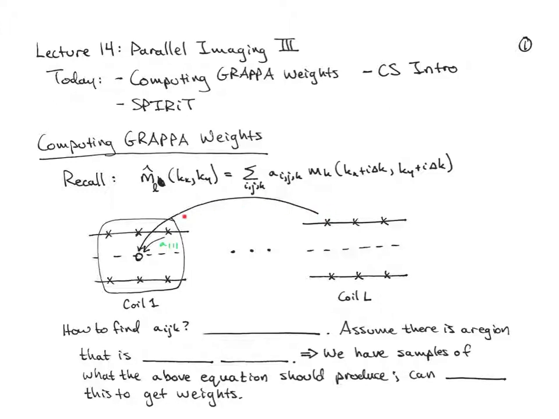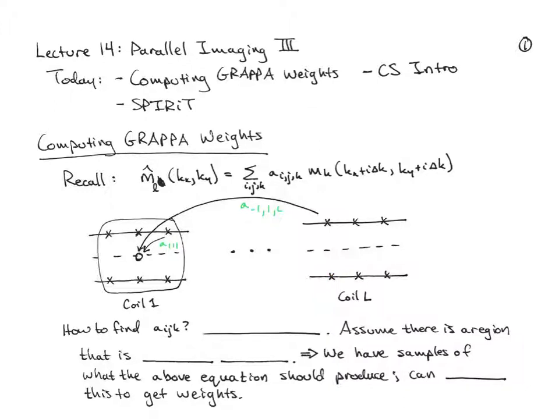But we would also add to that summation weighted data from all the other coils, including coil L, where they also have their own weights. So this one would be A_-1,1,L. Here the first two indices of the A subscripts refer to the offset in kx and ky respectively, and the last index refers to coils.